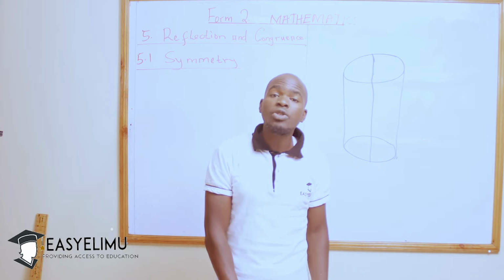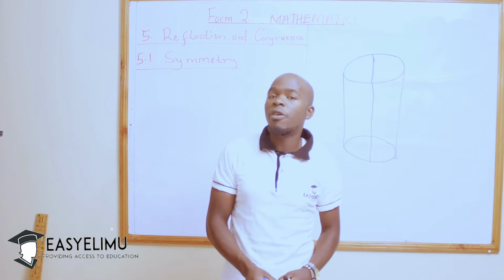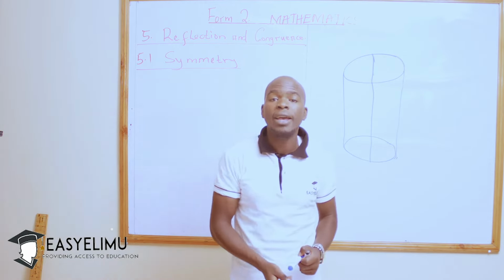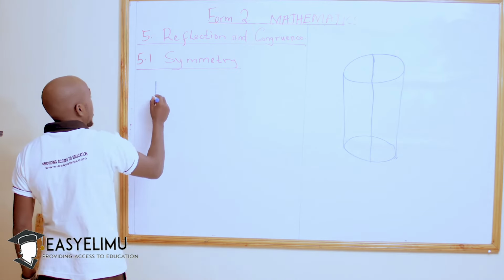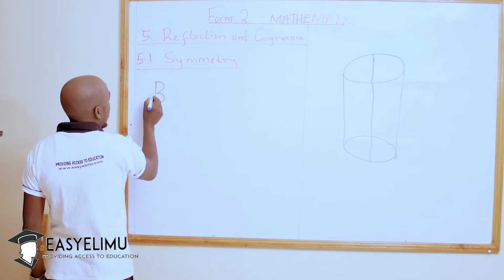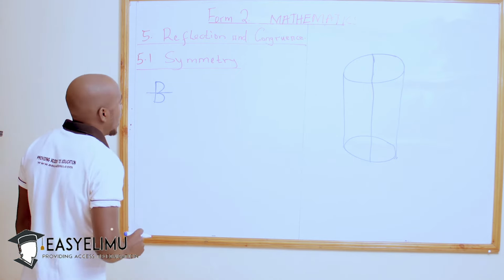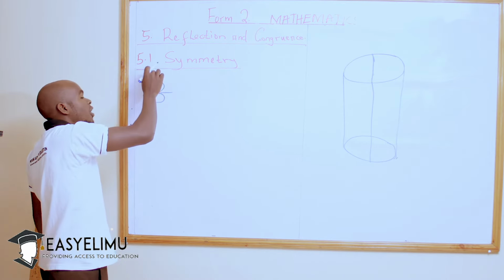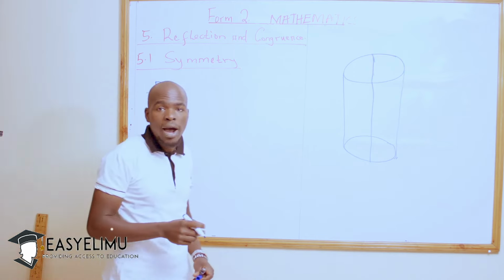I believe with that you can identify the letters of the alphabet which have lines of symmetry. For example, letter A, letter B. If you have B here, you can cut here, and that is one line of symmetry, and you will find this upper side will fit exactly into the lower side.